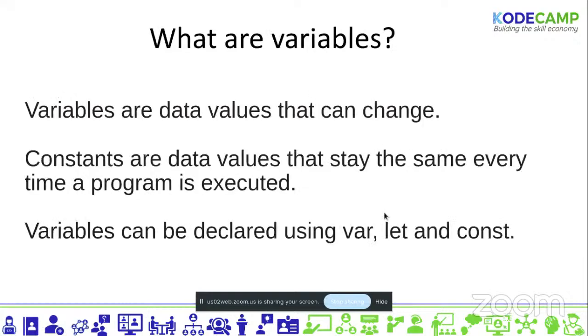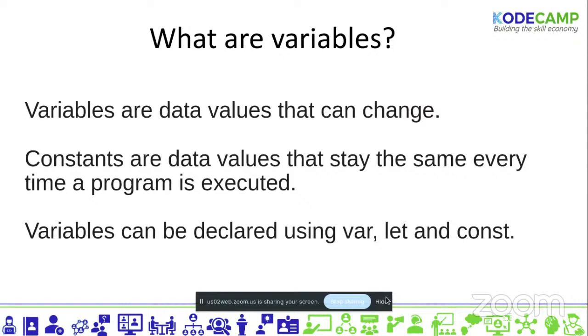So I defined what a variable is: variables are data values that can change. Constants are values that stay the same every time a program is executed. Then variables can be declared using var, let, or const. Then I said a constant is declared with const.